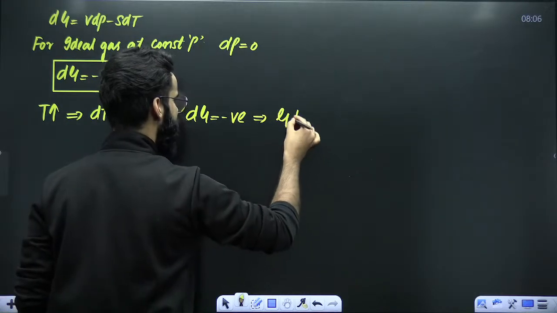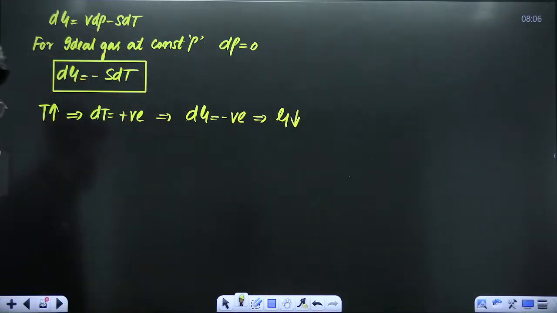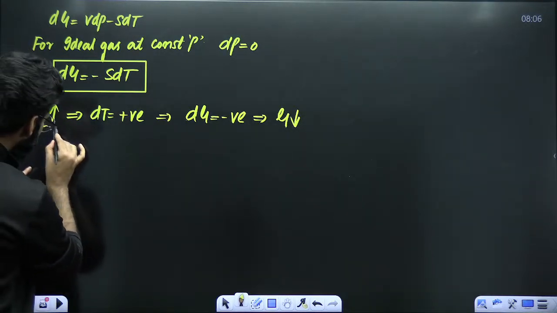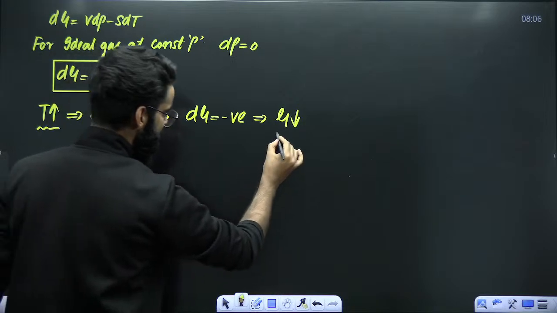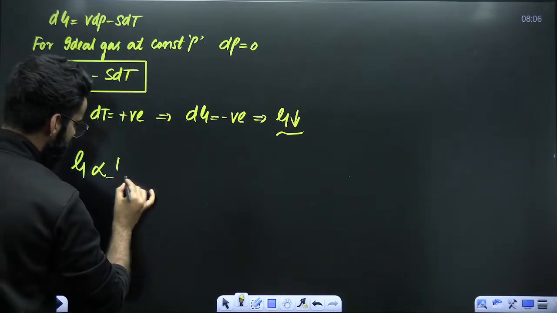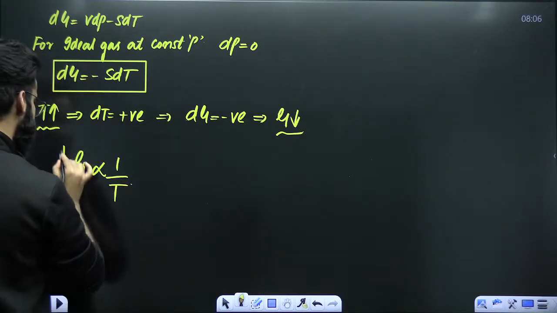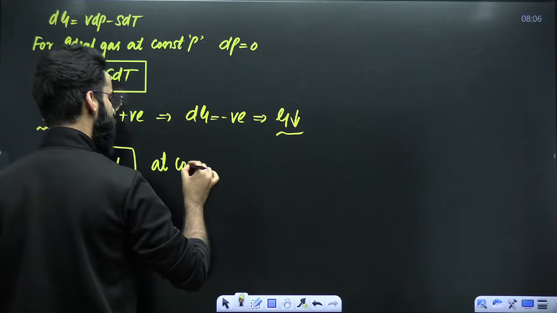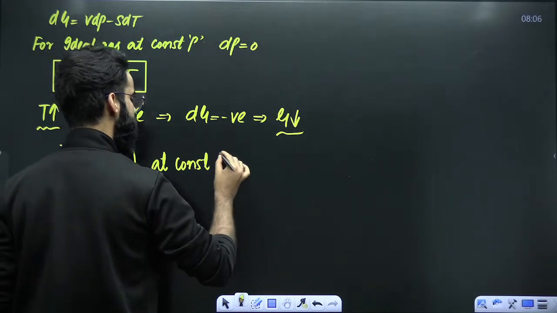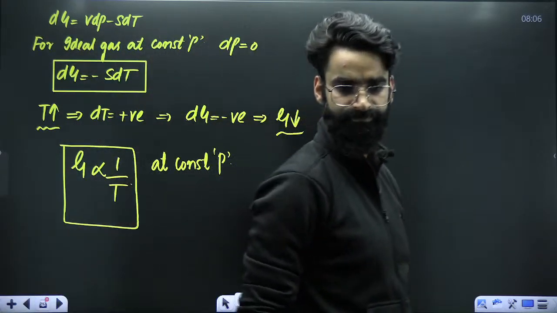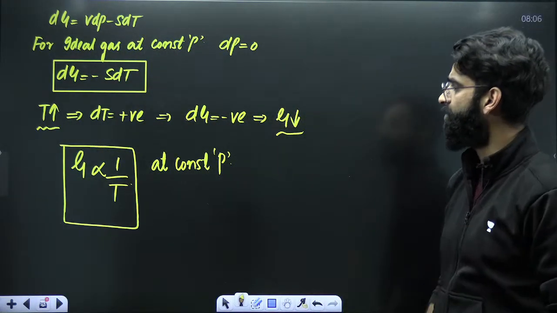That means the Gibbs free energy of the system decreases. That means if you increase the temperature of the ideal gas, the Gibbs free energy of the gas will decrease. So Gibbs free energy is inversely proportional to the temperature of the gas, provided the pressure of the gas is kept constant, right?